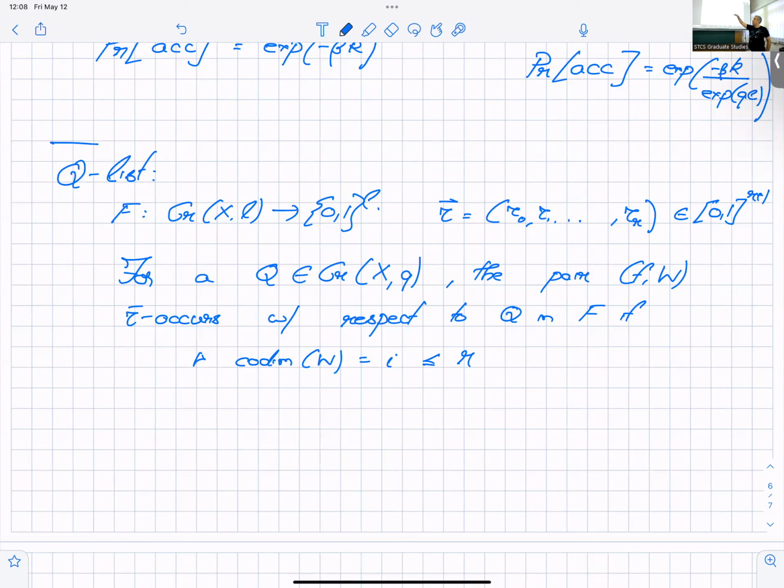I know there is a zoom from above, and a corresponding function F, such that this happens, and the probability, when I pick an L from Q and W, that F_L equals F restricted to L, is at least tau_i. That's all I get. This is just the definition.